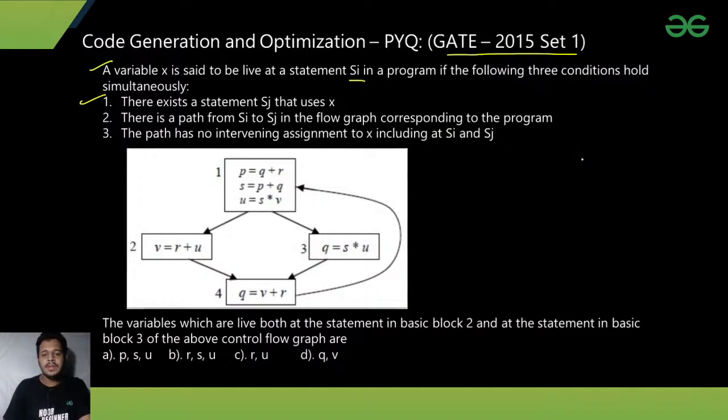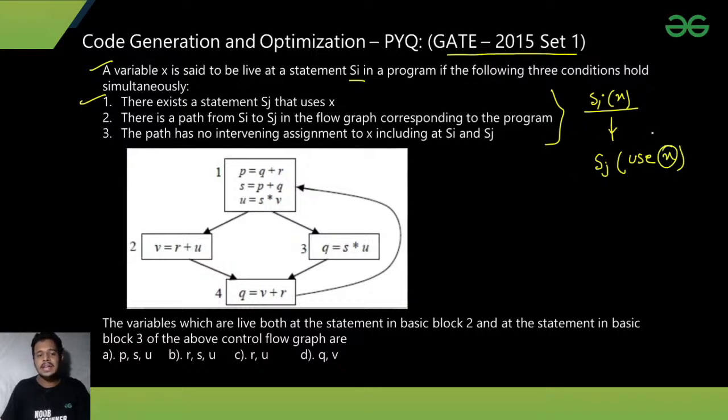So basically it is the definition of the live variable. We have talked about how a live variable will look. The definition is telling that suppose there is a statement si where the variable x is there, and there is another statement sj after this si, and it is using the variable x, and there is no intervening assignment to the variable x including si and sj.